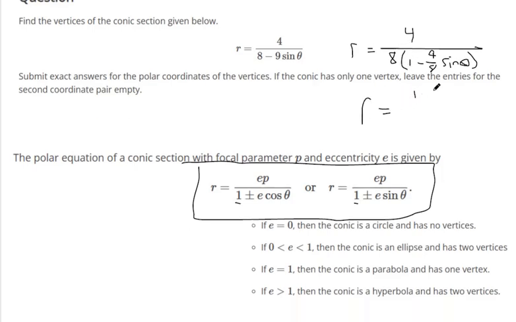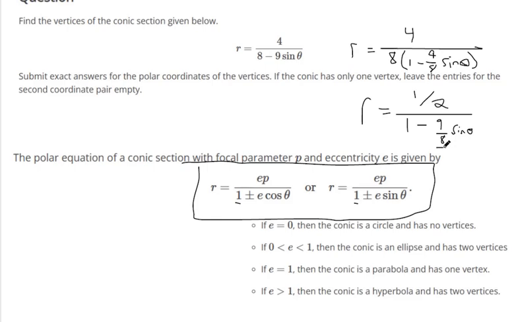So we could put 1/2 in the numerator, because we need to have just 1 in the denominator. So 1 minus 9 over 8 sine theta. Right, because 4 over 8, that's 1/2 in the numerator, because if you were to divide these two fractions, you'd flip and multiply, bringing us back to where we are.